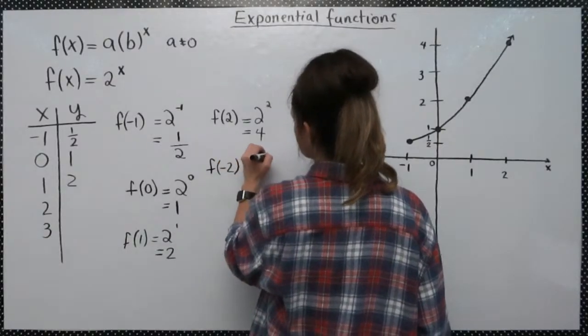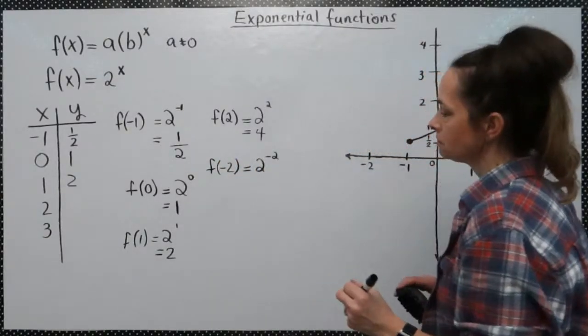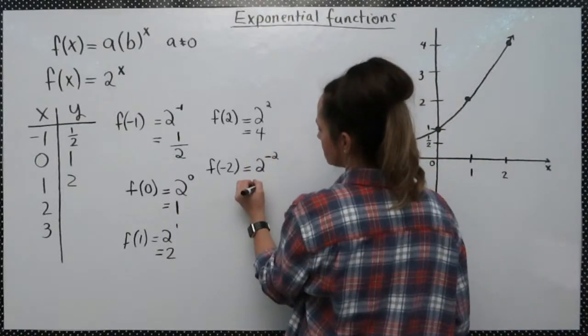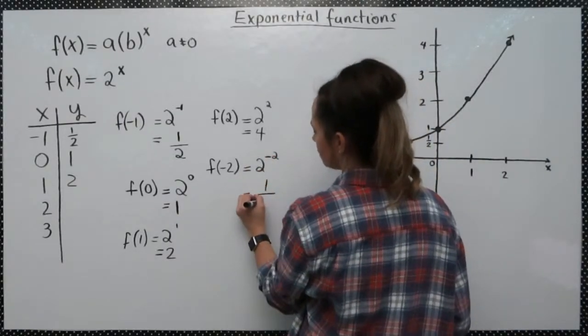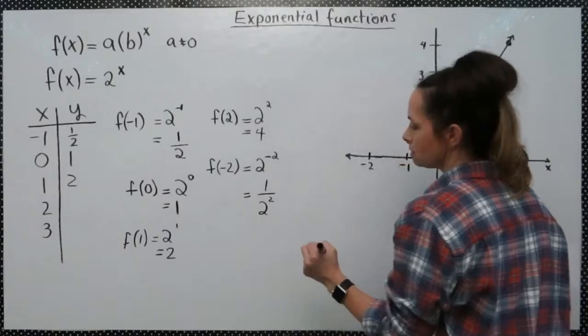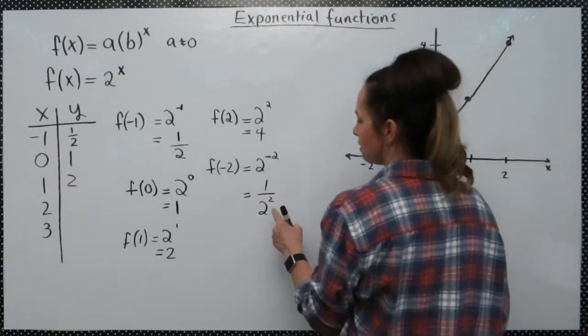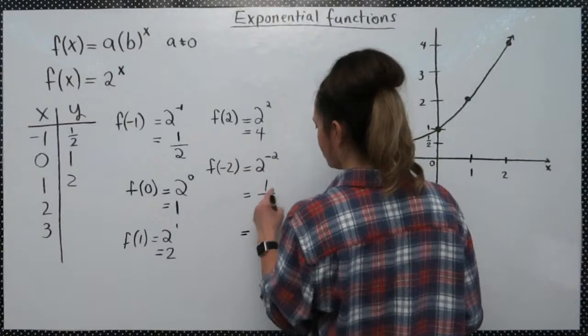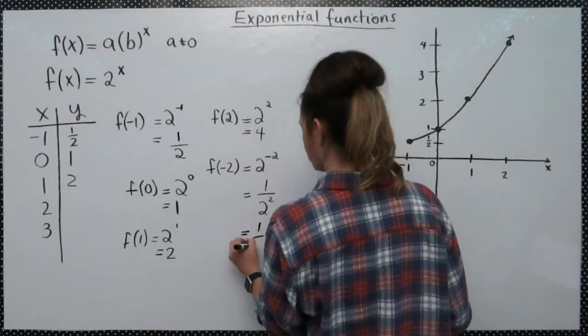This is 2 to the -2. So this is going to be 1 over 2 squared. Look at my different 2's. What's going on with me? All right, 1 over 4.